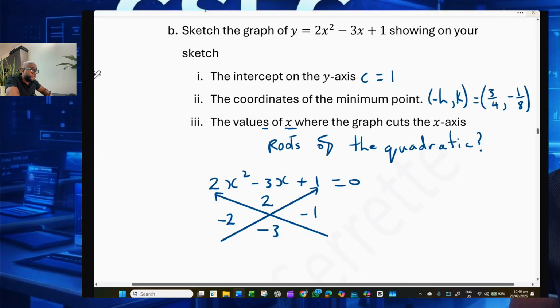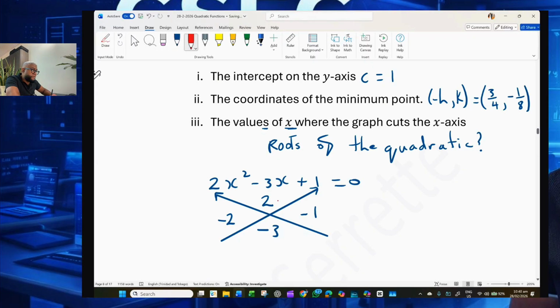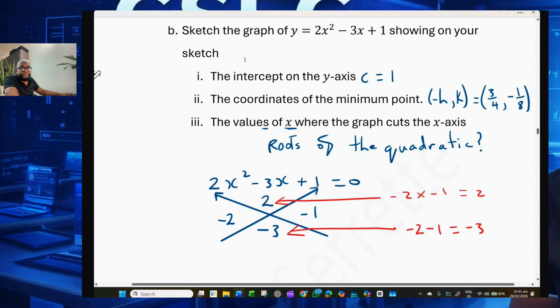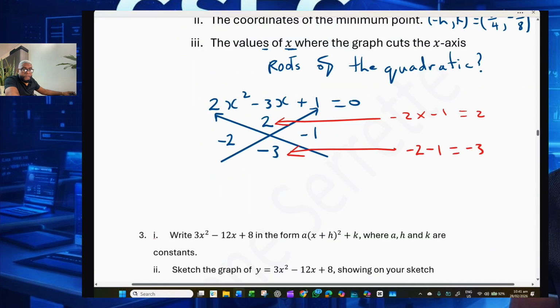I'm going to write it here. This here is negative 2 multiplied by negative 1, which gives positive 2. Here it will be negative 2 minus 1, which gives negative 3.